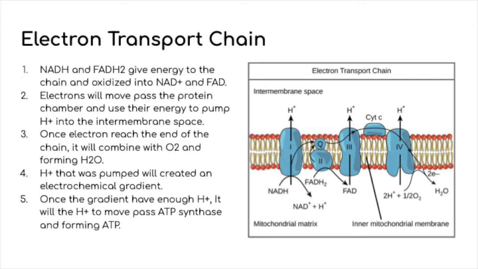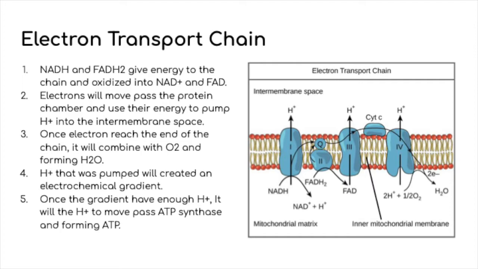The electrons from both NADH and FADH2 will move along the transport chain. The energy made while the electrons move will be used to pump hydrogen ions across the membrane into the intermembrane space. Later, once the electron releases most of its energy and reaches the end of the chain, it will combine with an oxygen molecule, forming H2O.